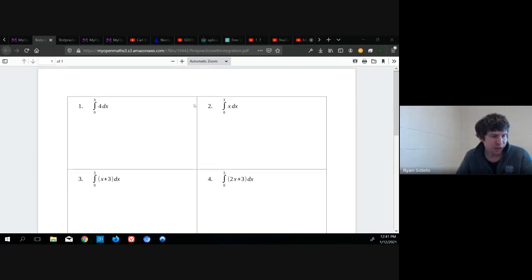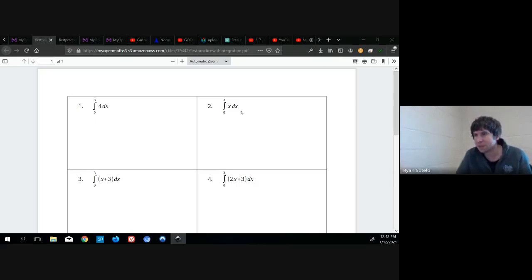All right, so we're going to start taking some integrals. There are what are called indefinite integrals, and then there are definite integrals. When Inkscape finally loads for me, I'll show you. But these are called definite integrals, and you can tell because there are limits of integration.